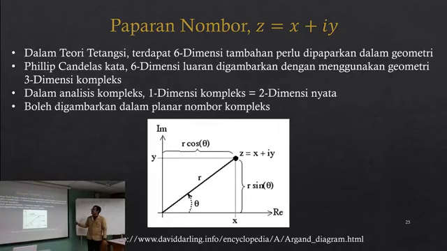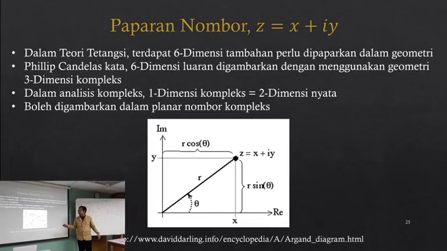Alright. So this is macam mana dalam teori tetangsi kita boleh paparkan dalam bentuk nombor kompleks. Okay, so terdapat 6 dimensi tambahan perlu dipaparkan dalam geometri. Philip Candelas kata, dia kata 6 dimensi luaran boleh digambarkan dengan menggunakan geometri 3 dimensi kompleks. Senang view dia.